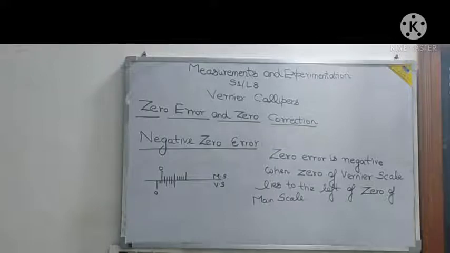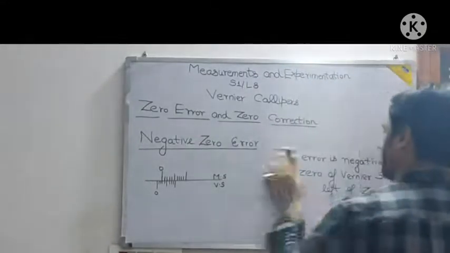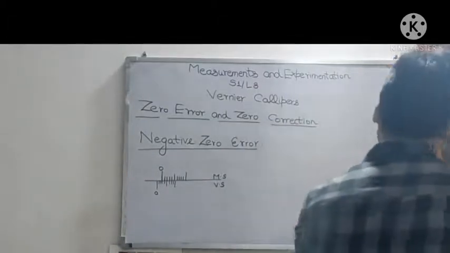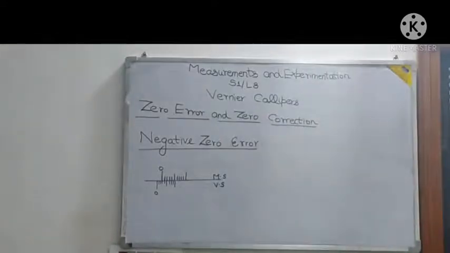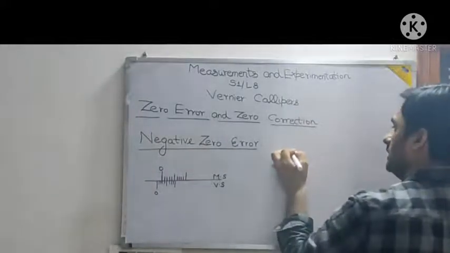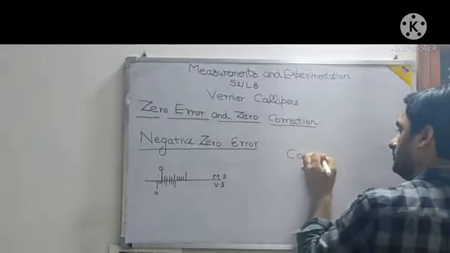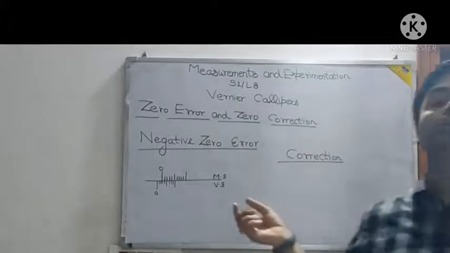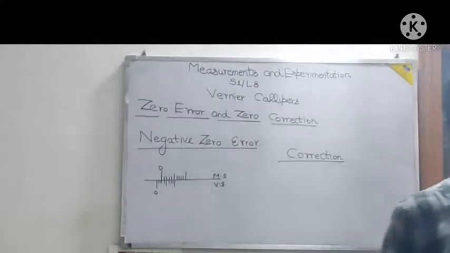Now, what about correction? Let me wrap this portion and tell about correction. Correction means if an error is there, how will you correct that? What method will you use here?